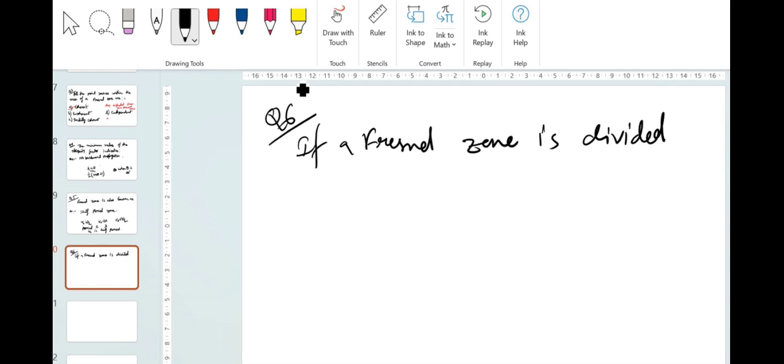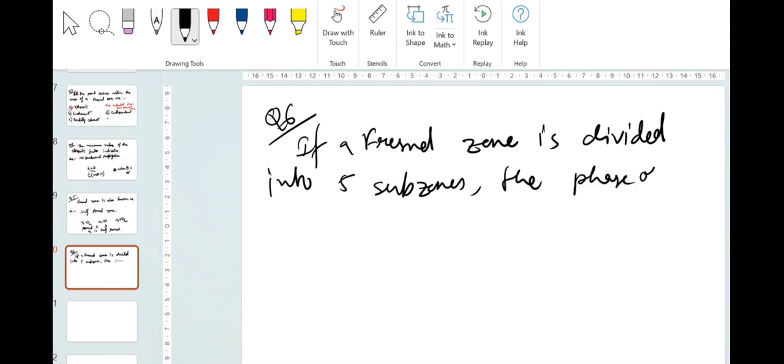Question 6: If a Fresnel zone is divided into 5 subzones, the phase of each subzone will be?